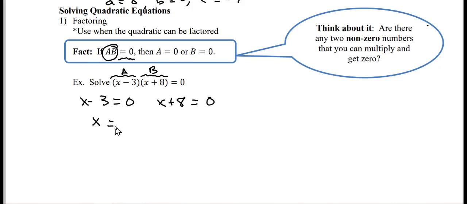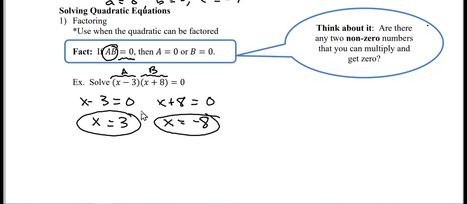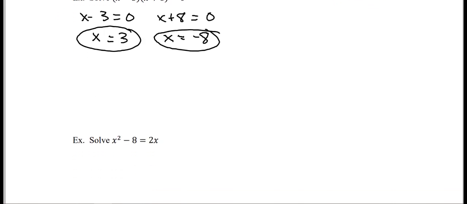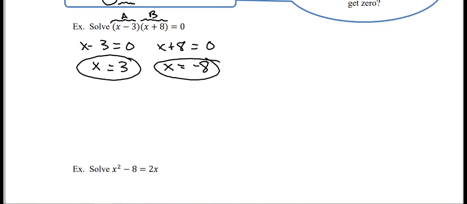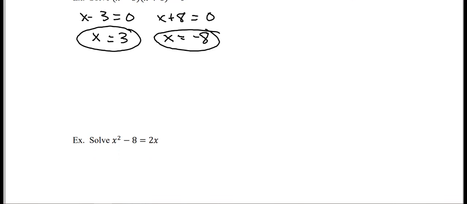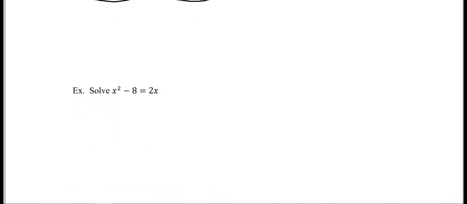And then we have a linear equation that we can solve by adding 3 to both sides here and subtracting 8 from both sides here. We get two solutions to our equation here. That one's not too bad because it was already in factored form, where we had a product of two things equal to 0.